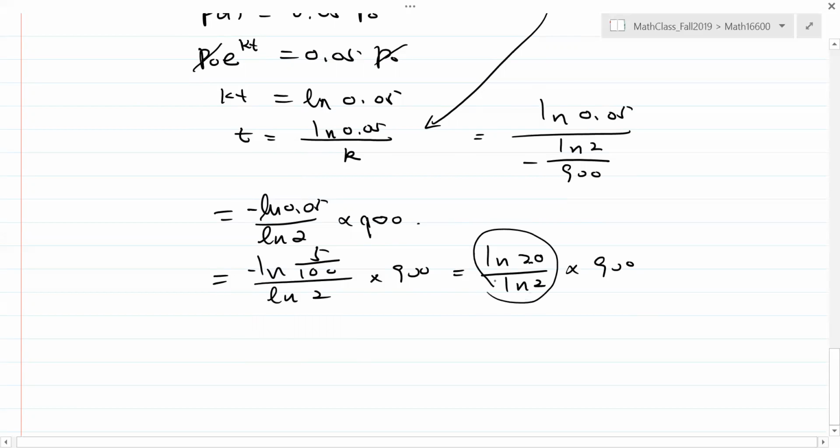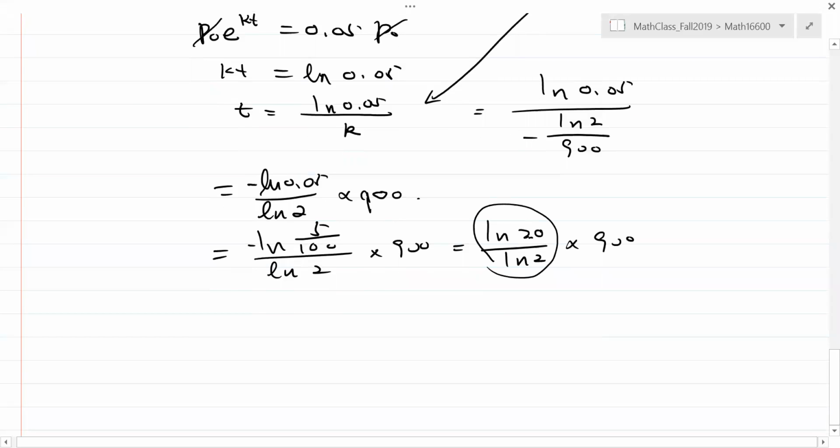Yes, ln over ln, maybe the ln's cancel out? How? Which formula are you using? No, we don't have such a formula where you can cancel out. ln is just the name of the function. It's actually ln of a, in parentheses. So this is just a name.